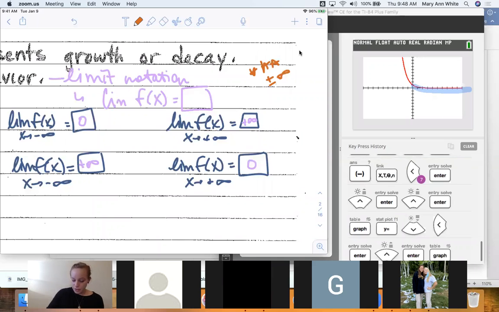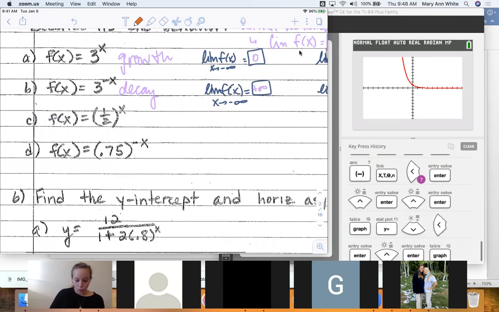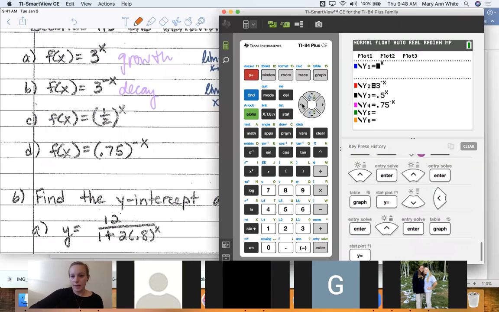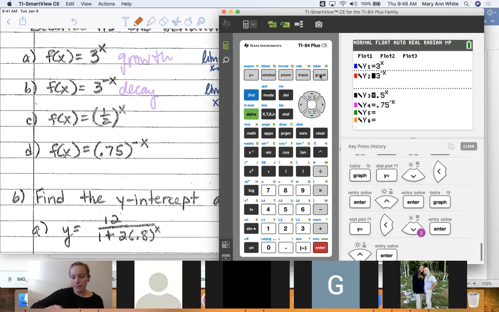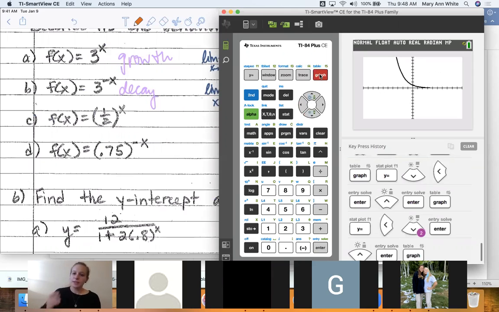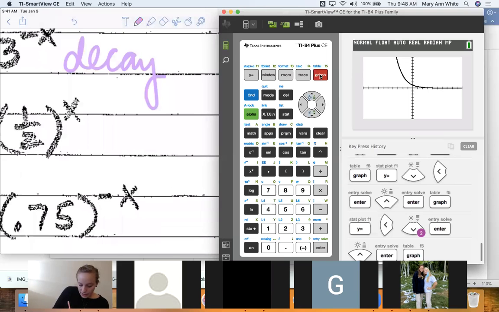All right, so let's do 2 more. We've got 1/2 raised to the x, so we're going to fly through this a little bit more. I'm going to do my third graph and turn my second one off. This one is going down again as I go across the page, just like the one I just did. And because they have the same asymptotes, their limits are also going to be the same.